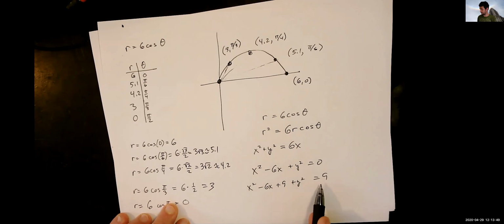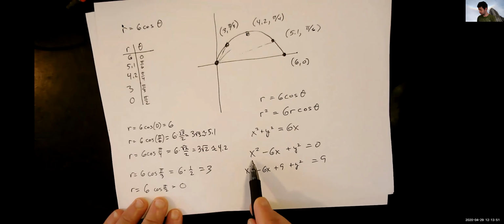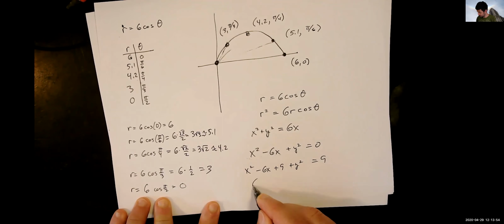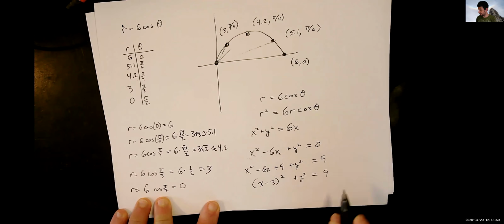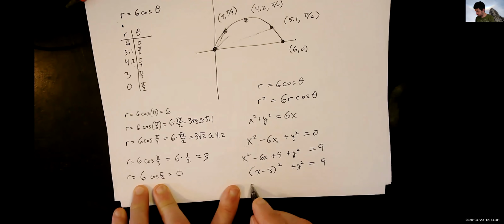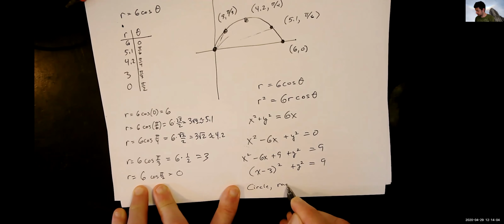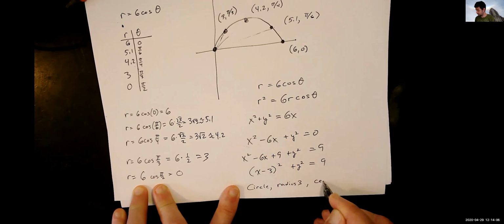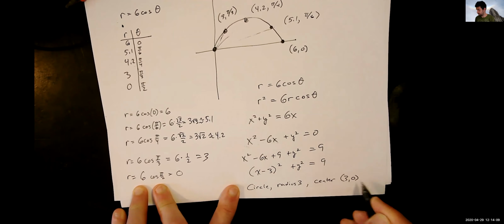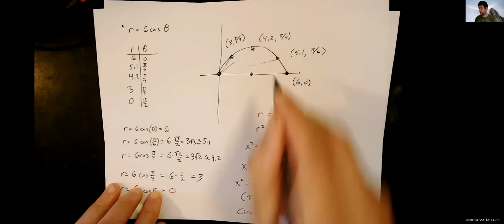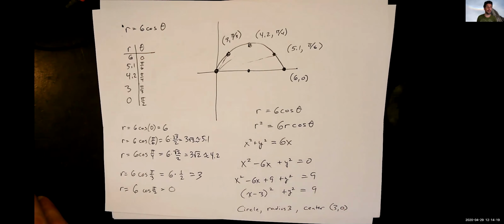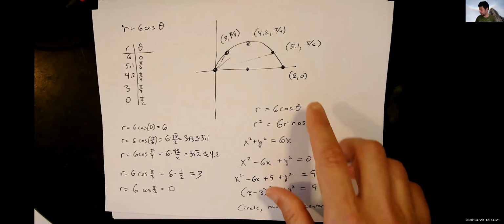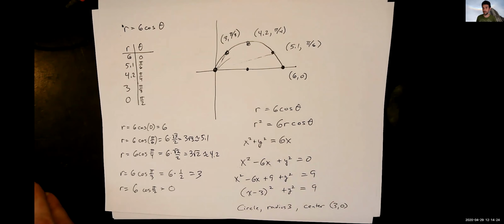So I just subtracted the 6x, added 9 to both sides because I'm completing the square on this little piece, and I've got x minus 3 squared plus y squared equals 9, which we might recognize as a circle with radius 3, center 3, 0, right? Which matches very well with the picture that's showing up here, okay? And that is indeed an equation of this circle in polar coordinates.